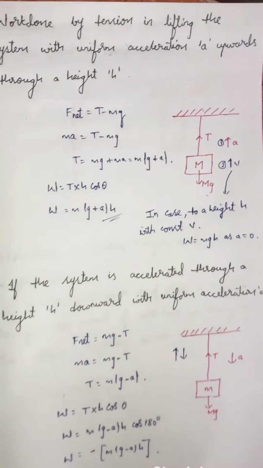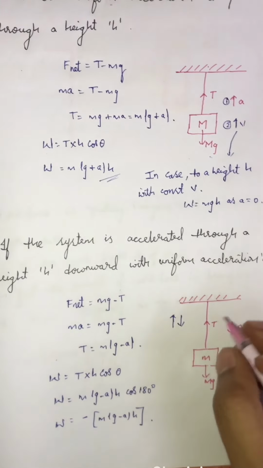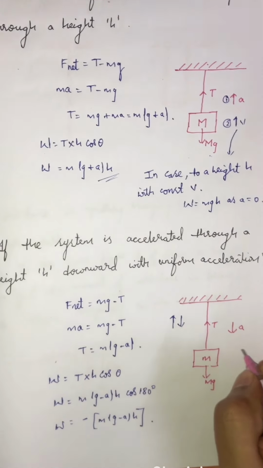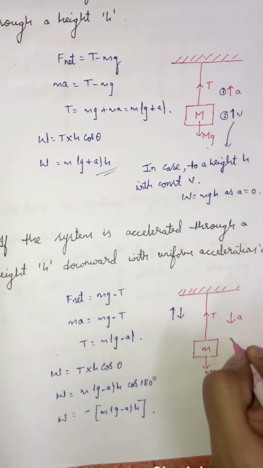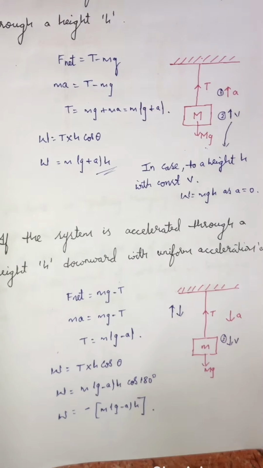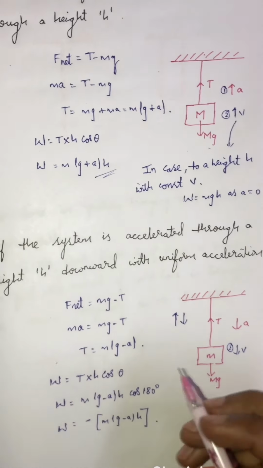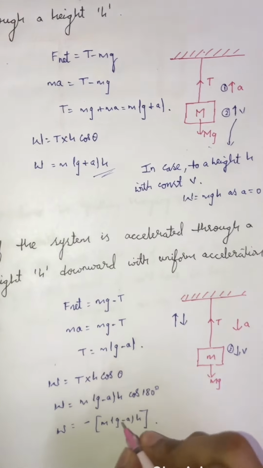Here also, if it moves through a downward height of h with a constant velocity, second condition, then work done will be equal to minus mgh, as acceleration will be equal to 0.